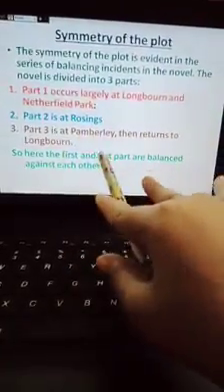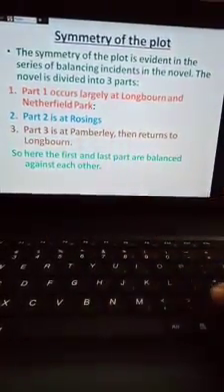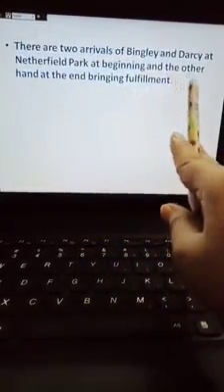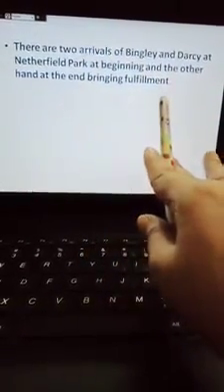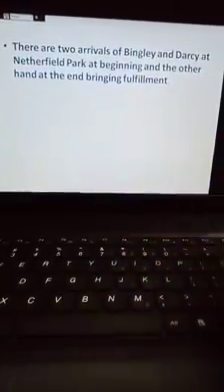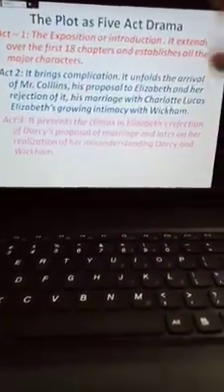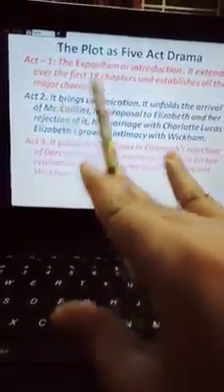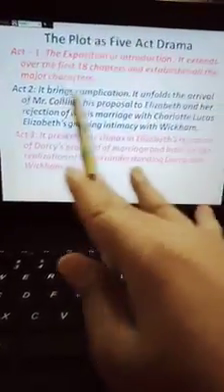So here the first and last parts are balanced against each other. There are two arrivals of Bingley and Darcy at Netherfield Park, one at the beginning and the other at the end, bringing fulfillment.